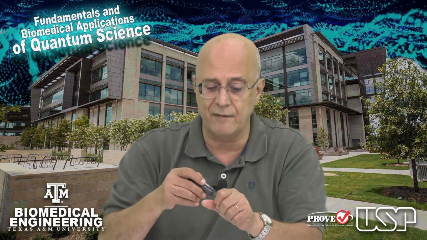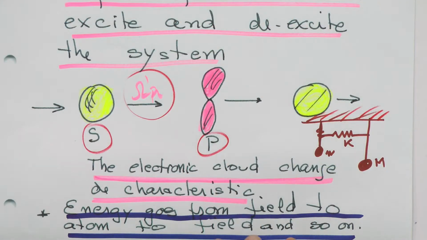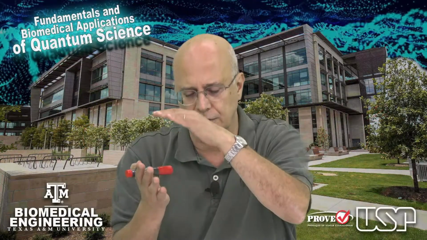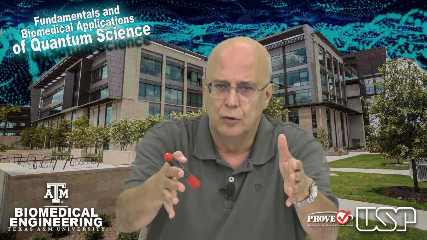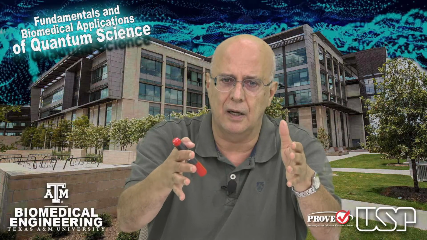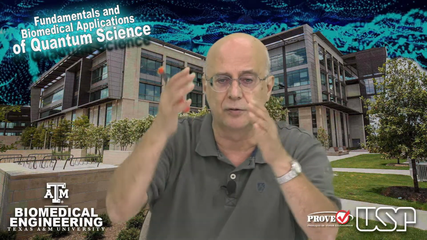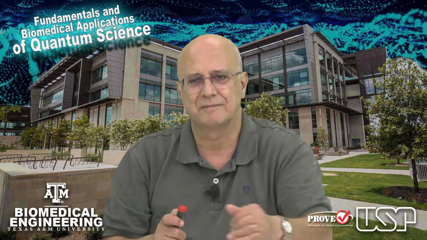So this is like having the atomic system as one oscillatory system, and the light as the other oscillatory system. So this is like energy being transferred from one oscillator, which is the electromagnetic field, to the other oscillator, which is the two-level system.